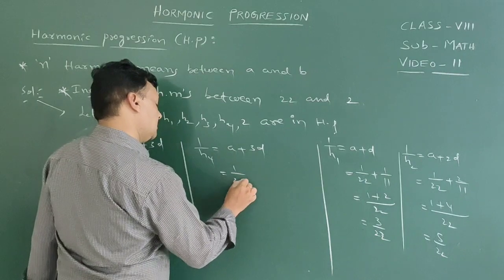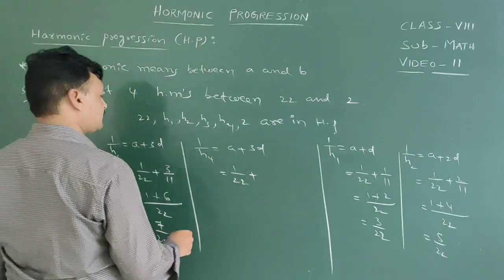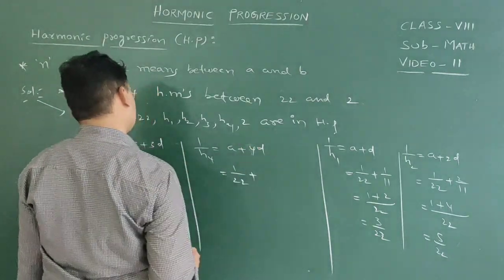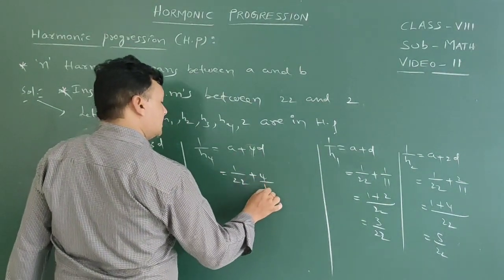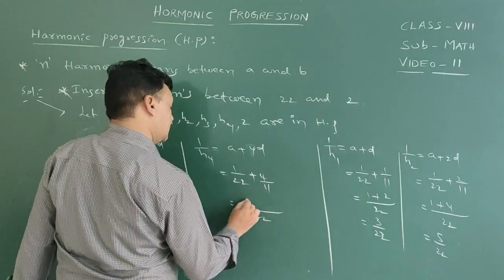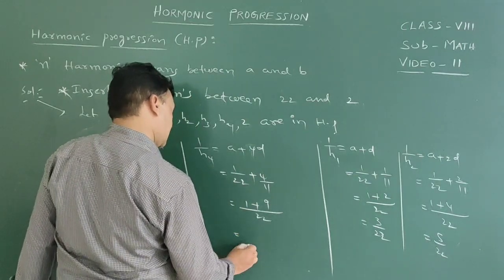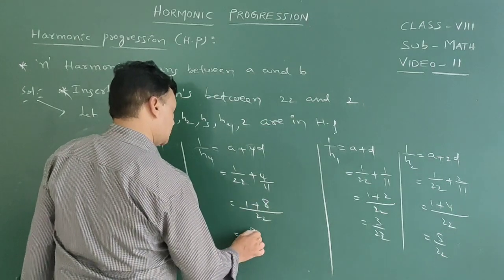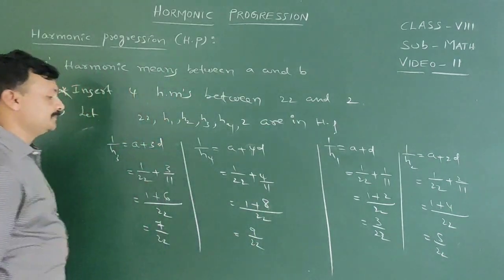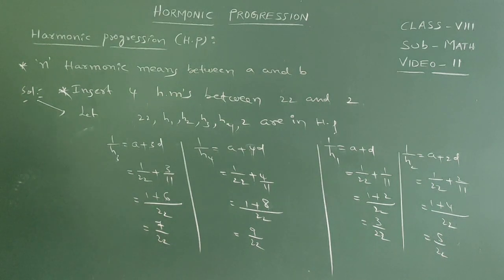Now 1 by 22 plus 4D, so 4 by 11. Here 22 is the LCM. 1 plus 8, so 9 by 22. Okay. These are the means in AP.